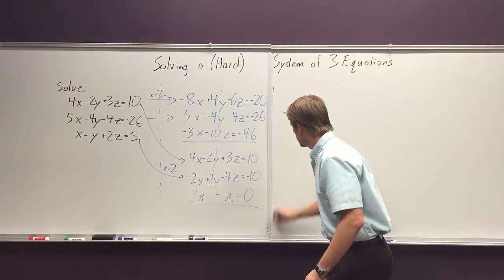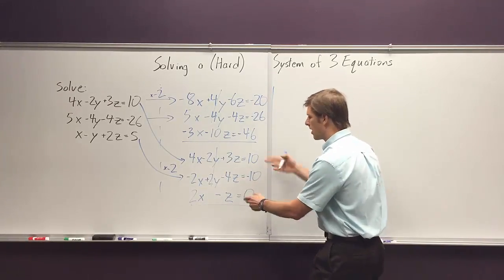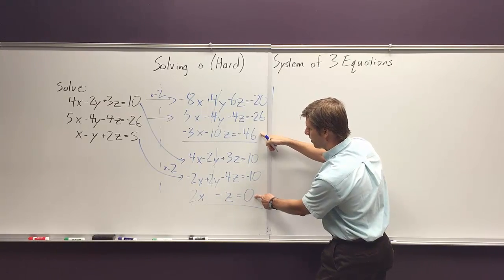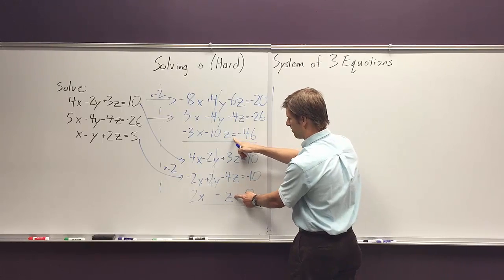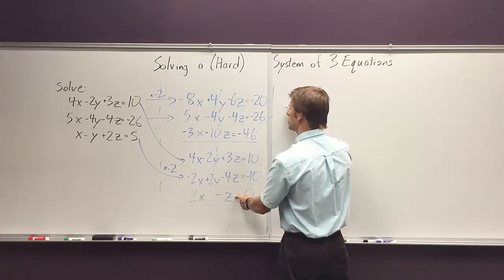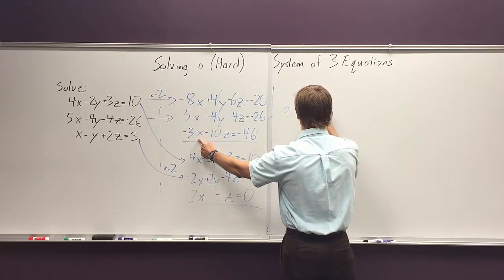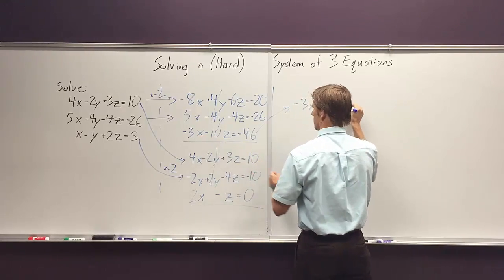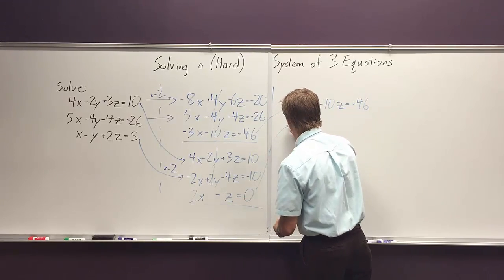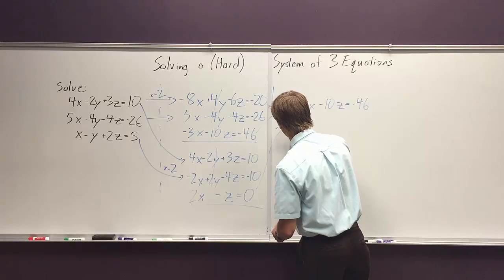Now I have two equations with just x and z. Now typically what I do here is I make another column. Here I'm just solving a system of two equations using elimination. What would I like to solve for? Maybe I should eliminate z next. So I'll take this equation unchanged: -3x - 10z equals -46. I'll multiply this equation by -10.